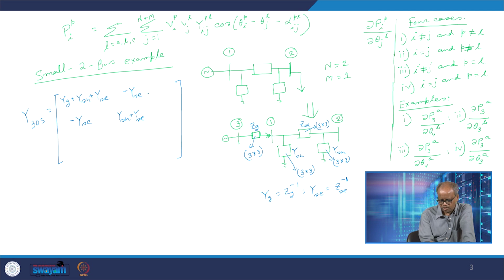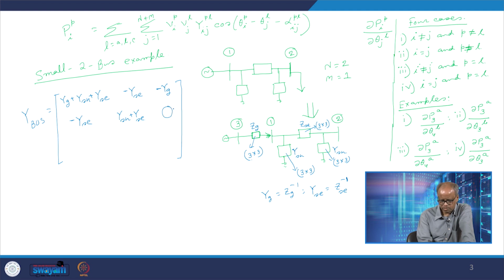Between 1 and 3 it would be minus YG. At bus 2, between bus 2 and 1 it is minus YSC, and YSH plus YSC, and between 2 and 3 it is 0.